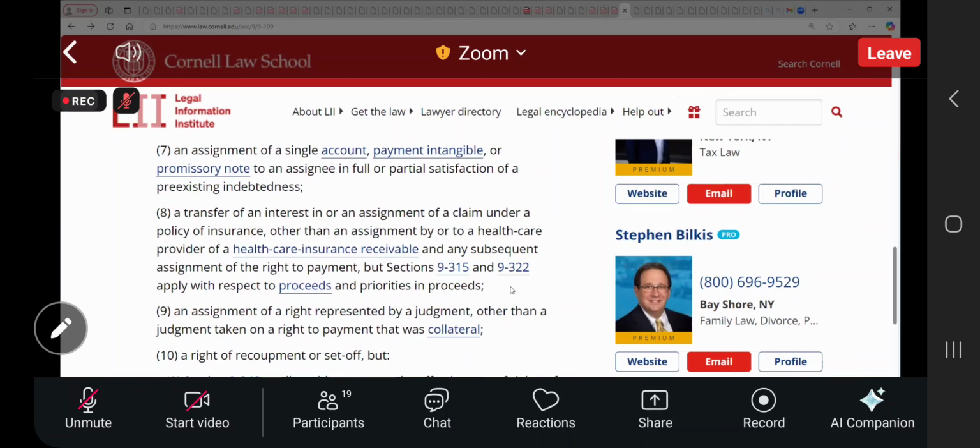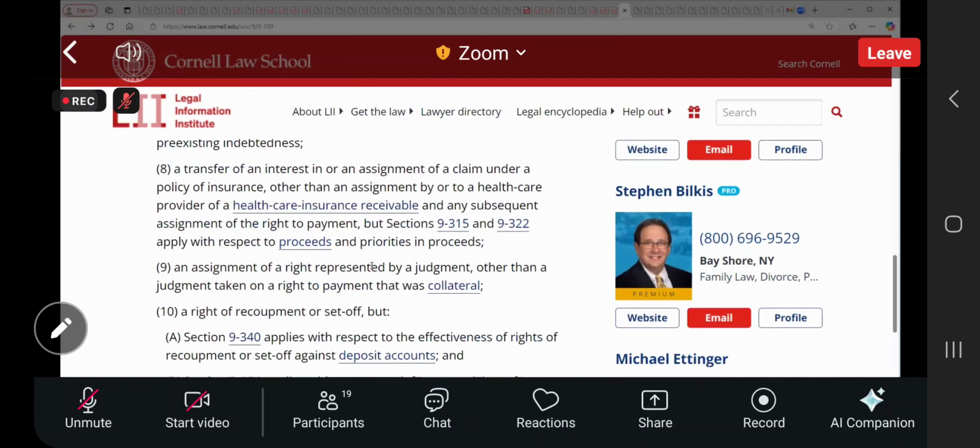I'm worried about the proceeds from the wages and income. Because 9-315 and 9-322 says I'm allowed with respect to the proceeds and the priority in the proceeds. So you got to read the code, but you got to understand what they're saying. But it's just telling you otherwise.